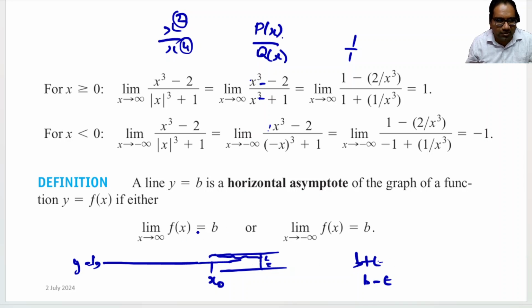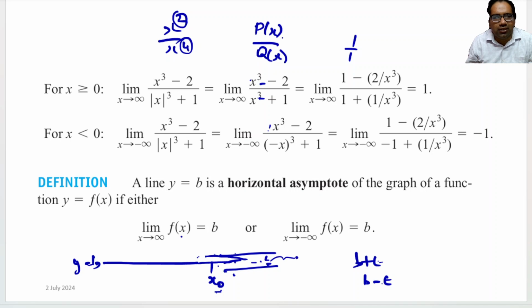That is this limit. What does that mean? F of x should get as close to y equal to b as we want. Whatever epsilon we define, b plus epsilon and b minus epsilon, we are drawing two lines above and below this horizontal line y equal to b. Now, whatever graph we are talking about should lie between these two lines beyond some x naught.